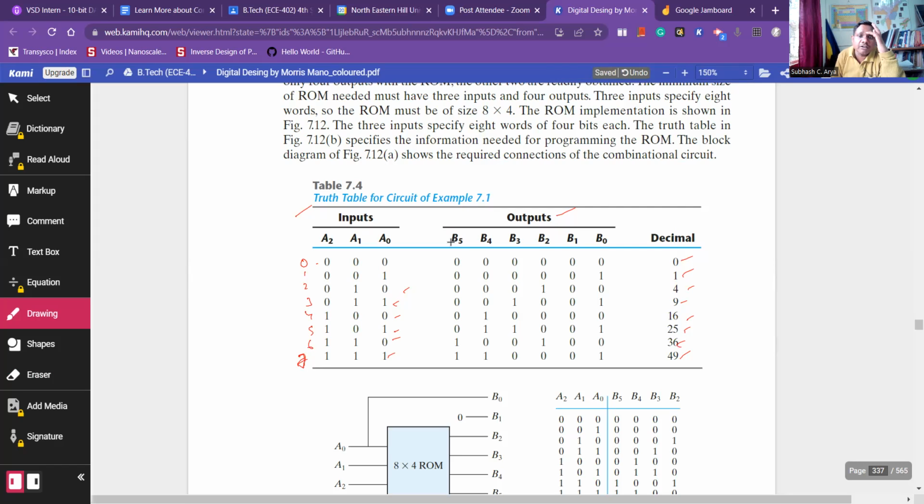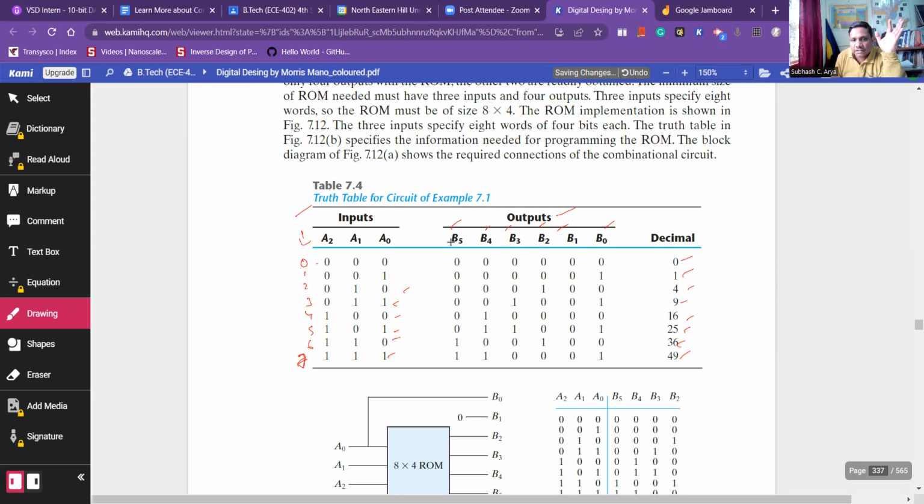And how to write down this input and output. So you can see this 0 is written here. In order to express all these numbers up to 49, we need how many bits? 6 bits. So B0, B1, B2, B3, B4, B5. This decimal number is just to help understanding, that is why I wrote the decimal number on this side.